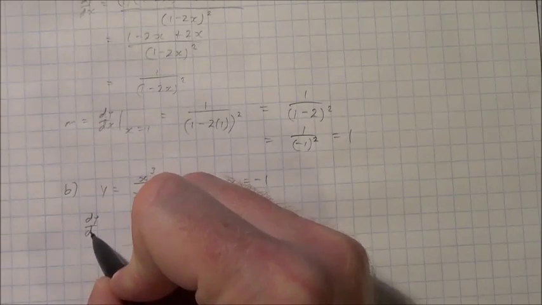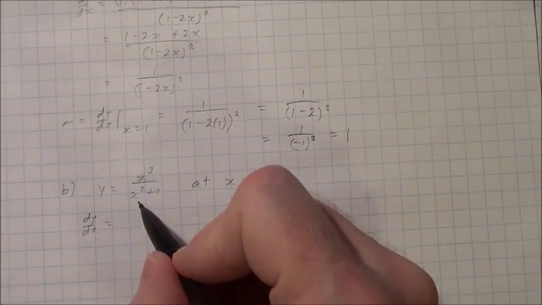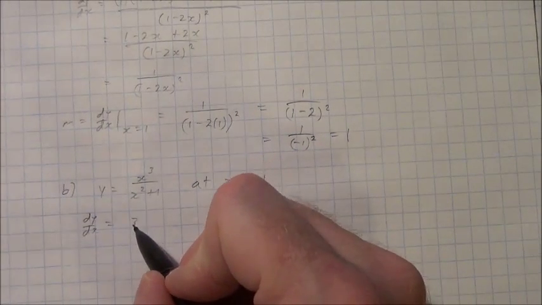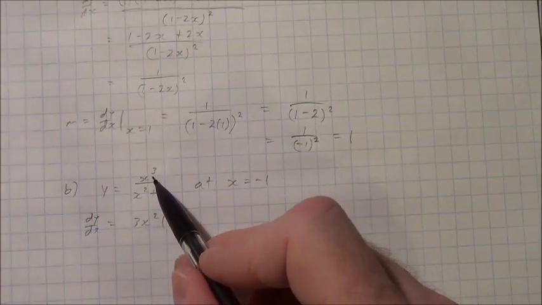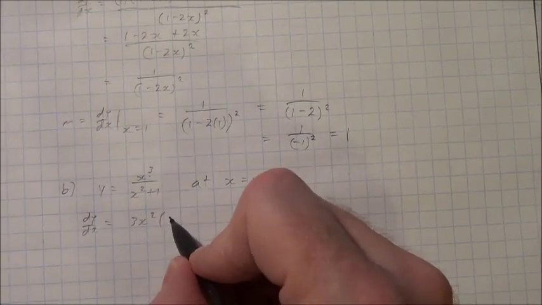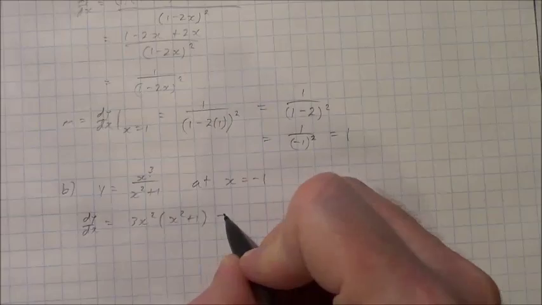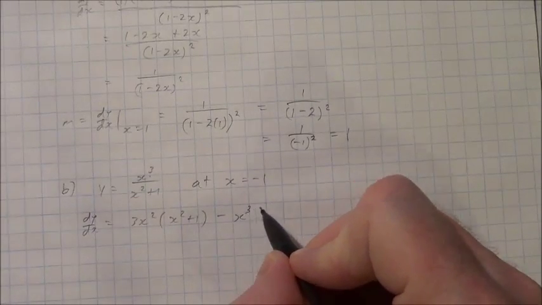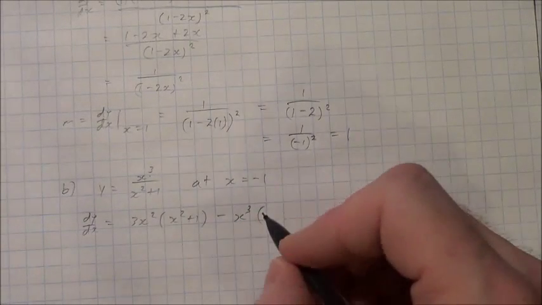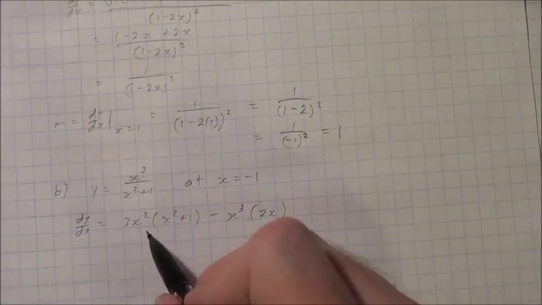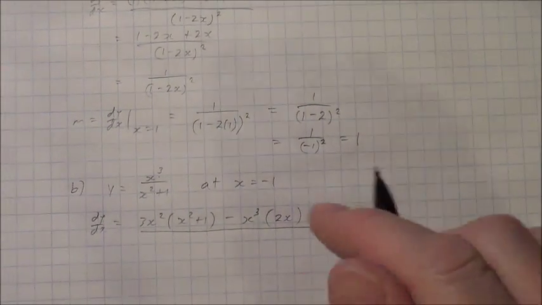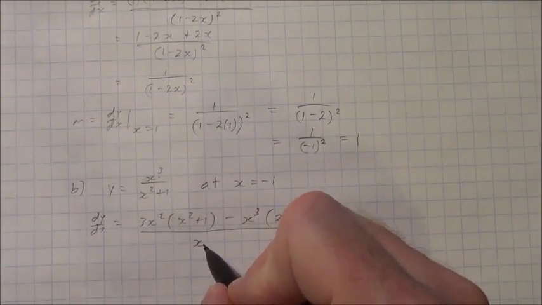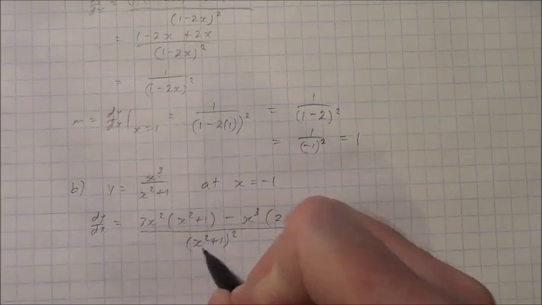So the derivative, the gradient function, is 3x squared, that's the derivative of the top, multiplied by the bottom, x squared plus 1, minus the top multiplied by the derivative of the bottom, which is just 2x, all over x squared plus 1 all squared.